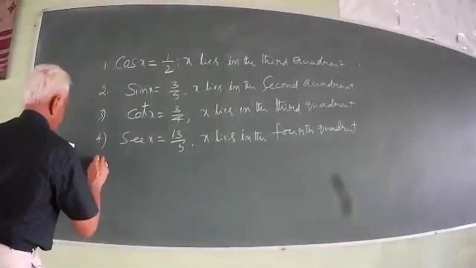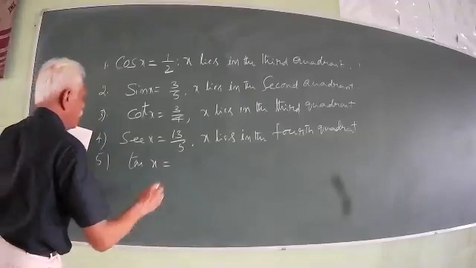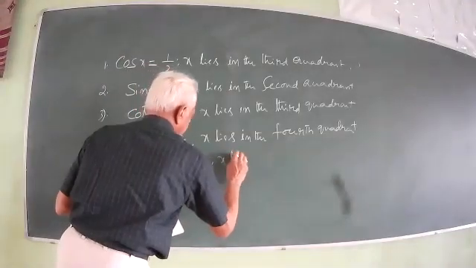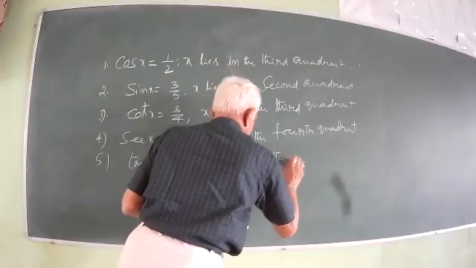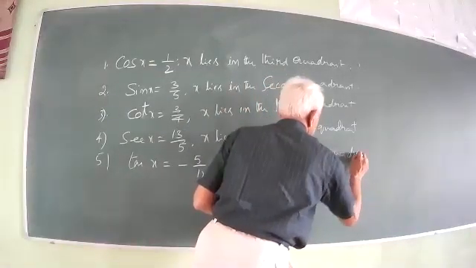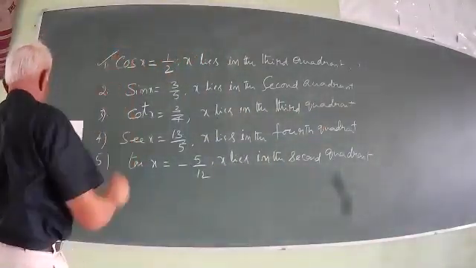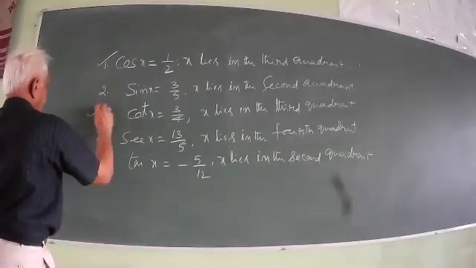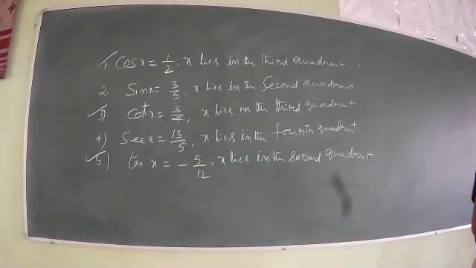Number 5 and the last problem in this exercise, tan x is equal to minus 5 by 12, x lies in the second quadrant. As for explaining, problem numbers 1, 3, 5, the odd numbers I am answering, the even numbers we have.